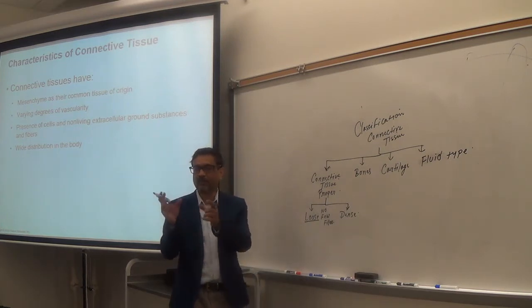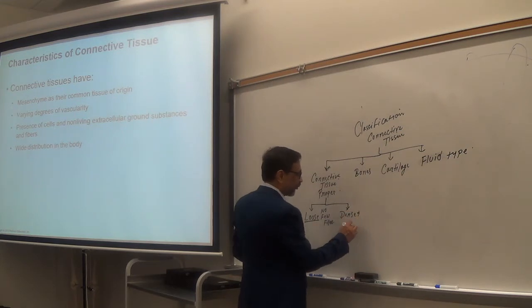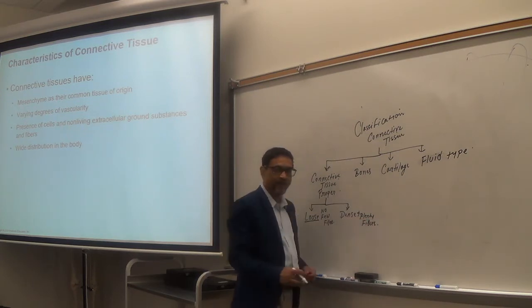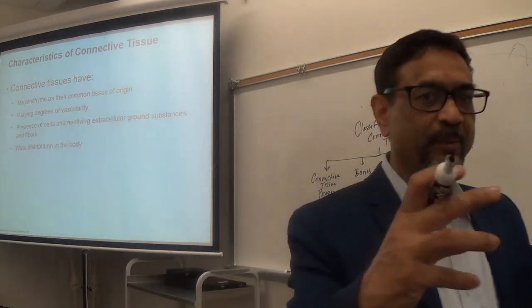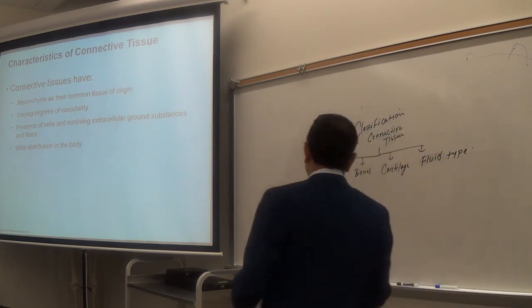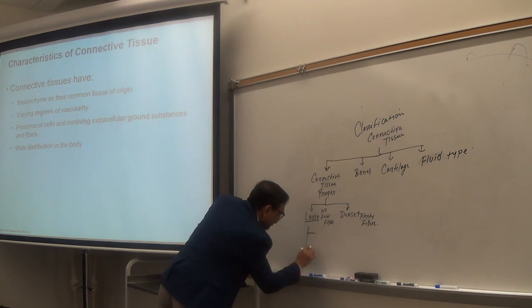That's why it is loose. In dense, you have plenty of fibers. A lot of fibers, heavily packed in dense. That's why it is called dense. Densely packed fibers. Make sense? So that's why one is loose, another is dense. Loose is 3 types. So this is a big classification.